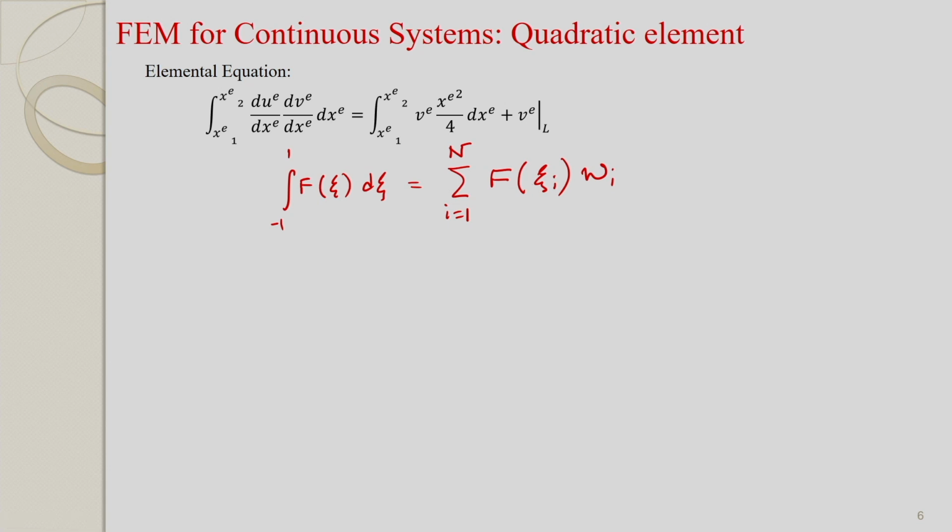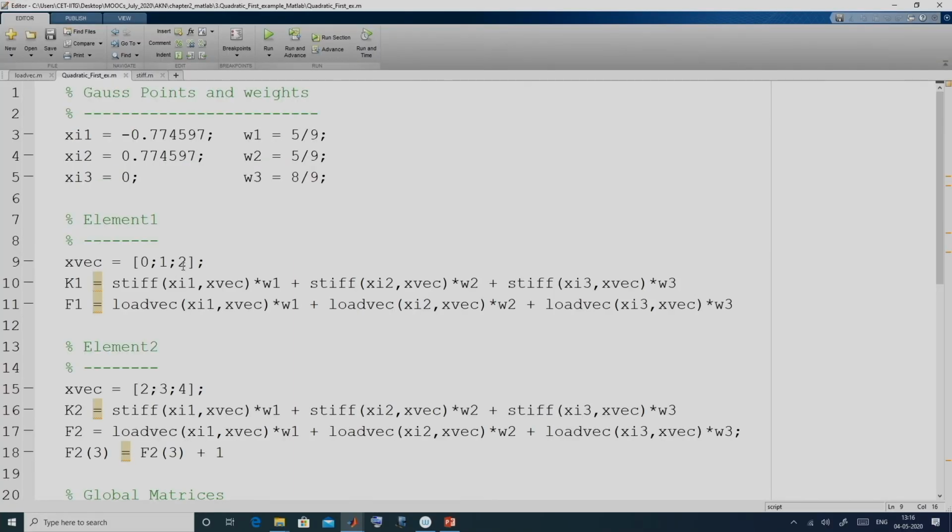Stiff does the calculation of the integrand of the element stiffness matrix, and load does the calculation of the first part of the load vector integrand. So, I first calculate this at xi 1.